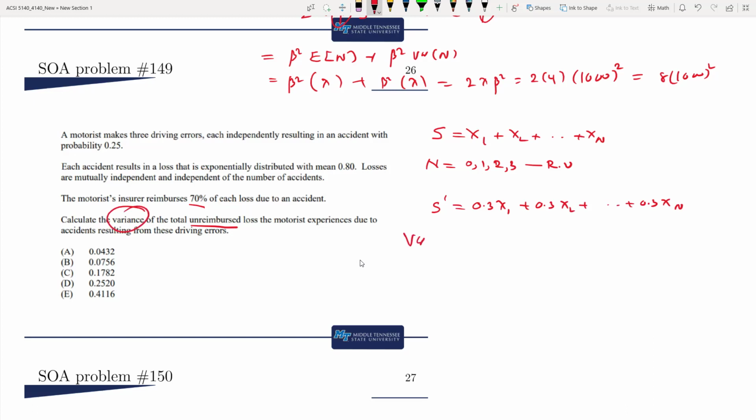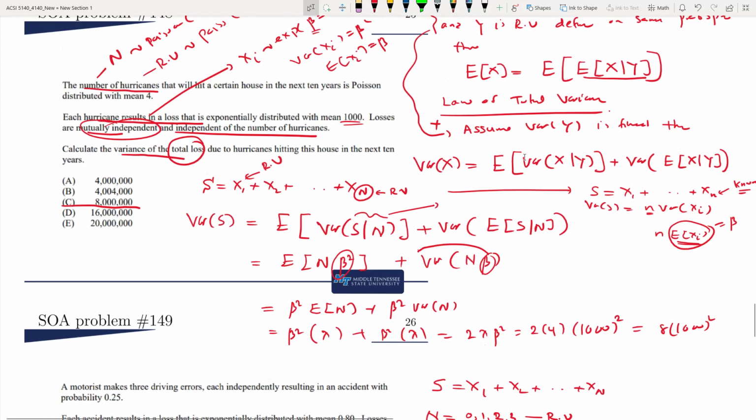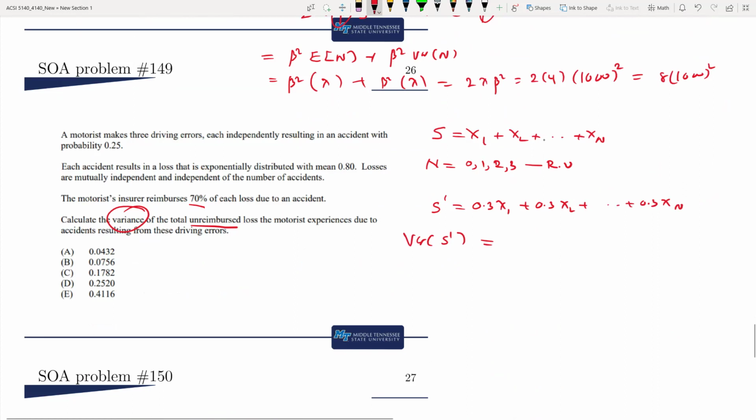So we take the variance of S prime. And I can apply the same formula which we did, the conditional variance formula or total variance formula. So this is going to be variance of expected value of S prime given fixed n, plus expected value of variance of S prime given fixed n.